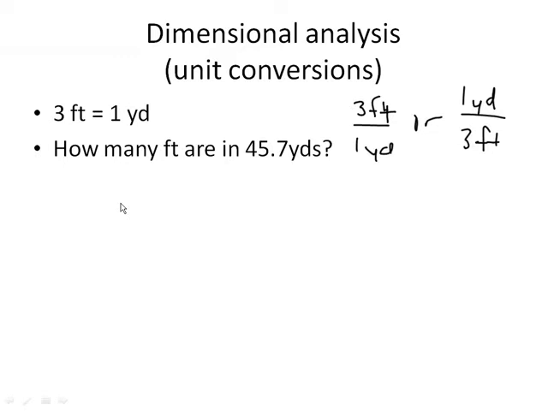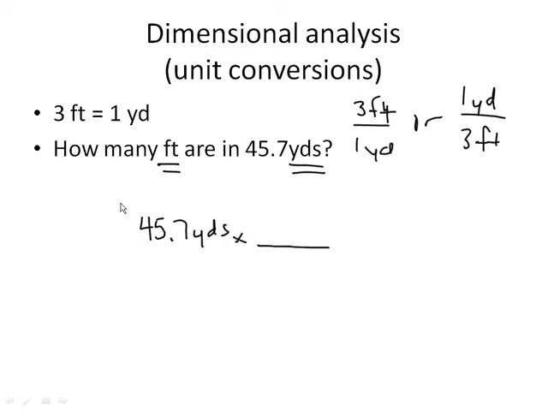And which of those ratios I use is only dependent on what unit I'm starting with and where I want to go. So the unit that I'm starting with is the unit that's attached to the number, 45.7 yards. And the unit I'm going to is the one that it asked me for, which is feet. So again, I want to cancel the unit that I'm starting with, which is yards, and I want to create feet.